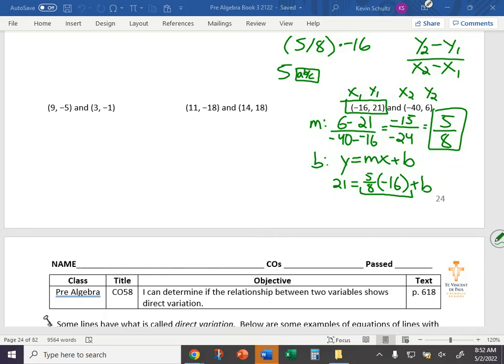Okay, so if you push 5 ABC 8 times negative 16, it's up towards the top, maybe above the 7 or 8. Okay. But yeah, times negative 16. That will also give you negative 10. Or if you do it mentally, you're looking for 5/8 of negative 16. What goes into negative 16 8 times?